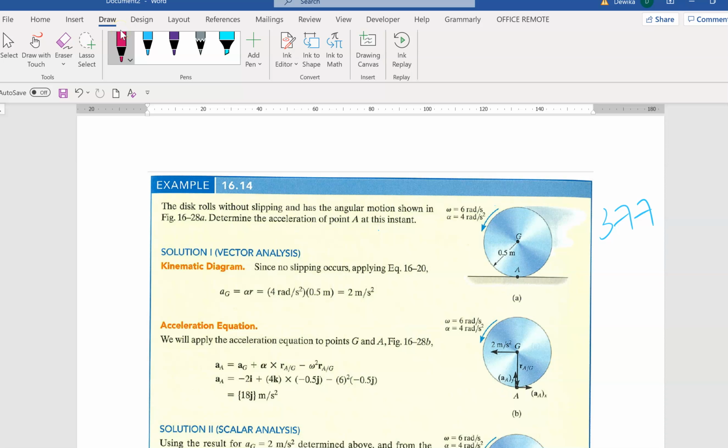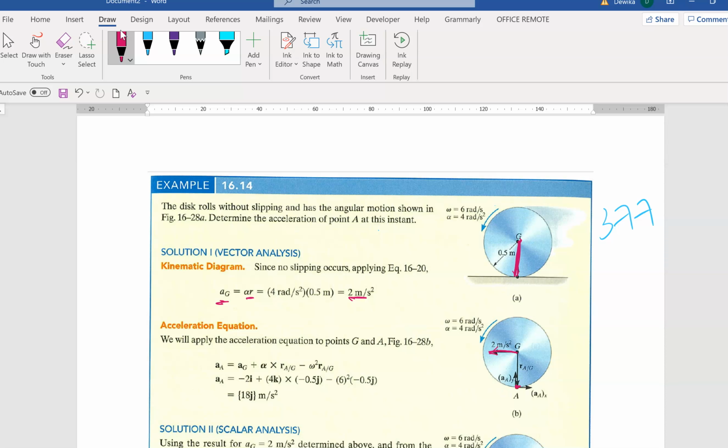AG will be omega r, that's a known fact. So you get your AG as 2 meter per second squared. G to A at this point here, the distance is 0.5. Let me just gather some information here. At point G, the acceleration is 2 meter per second squared.